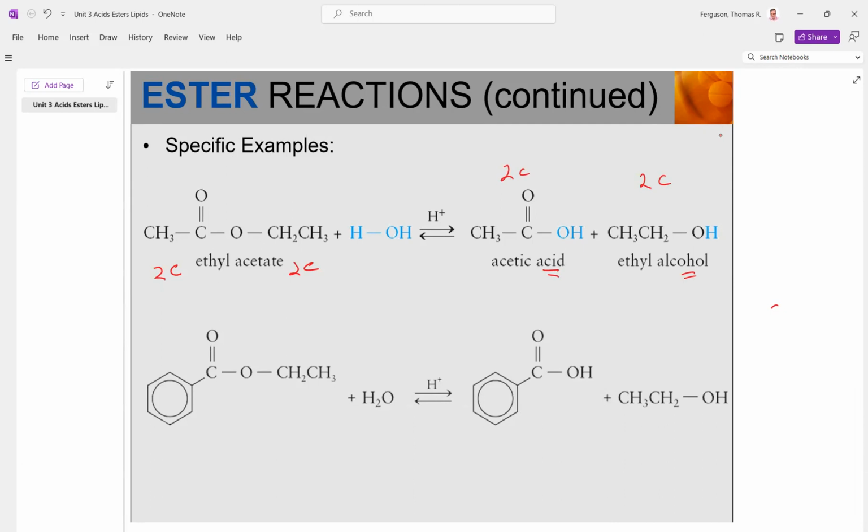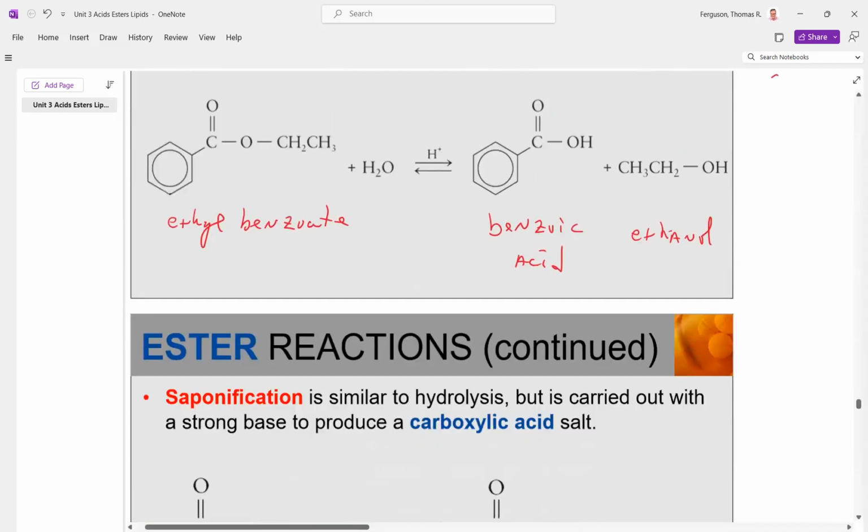Okay, here we have, this would be ethyl benzoate. What we end up with is benzoic acid plus ethanol. That's under acidic conditions.